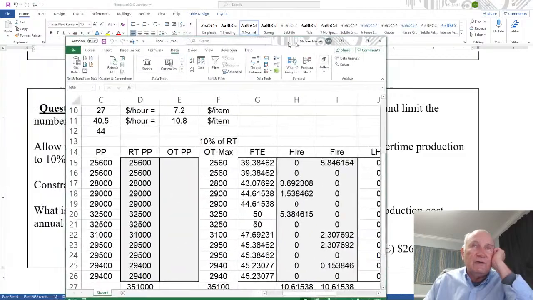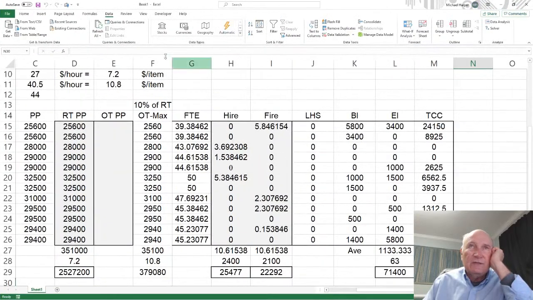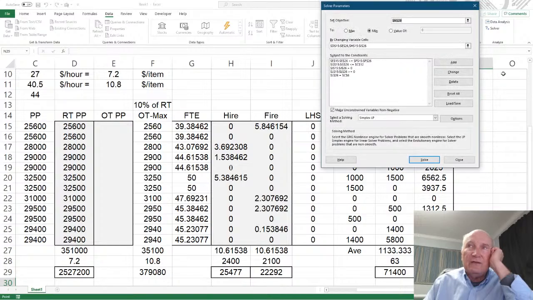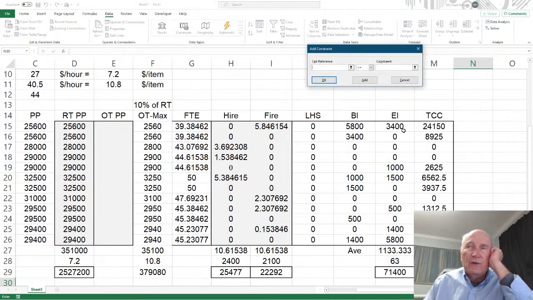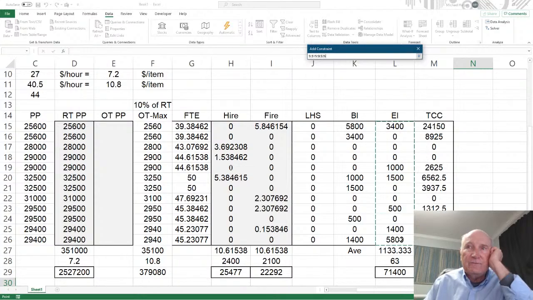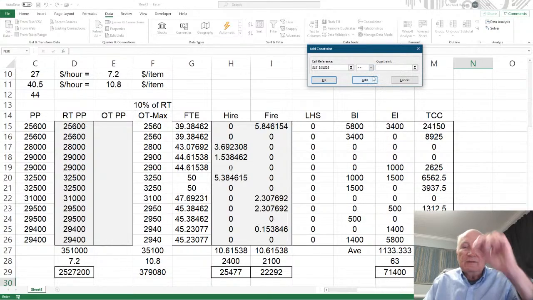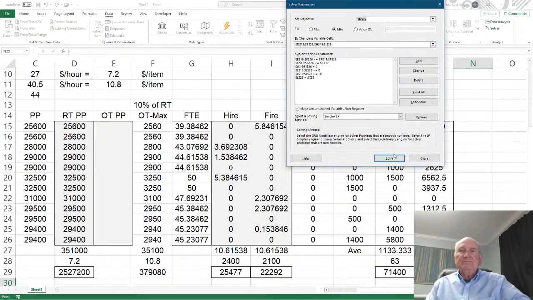Well, all you do here for the next one is you go back to your Solver and your constraints here. Add one more constraint where my ending inventory here is greater than or equal to 10. Okay, and then solve it.